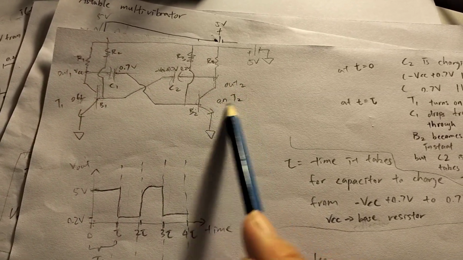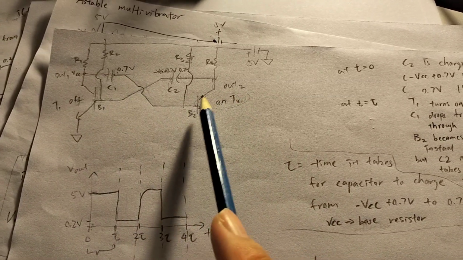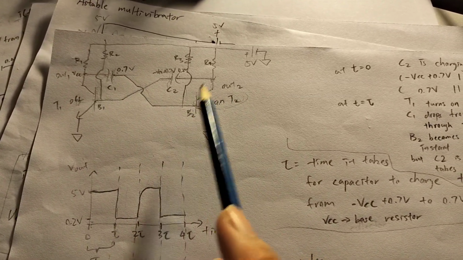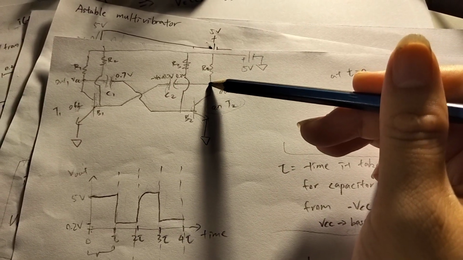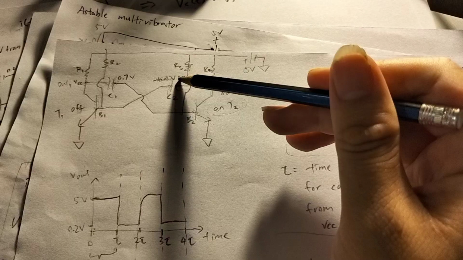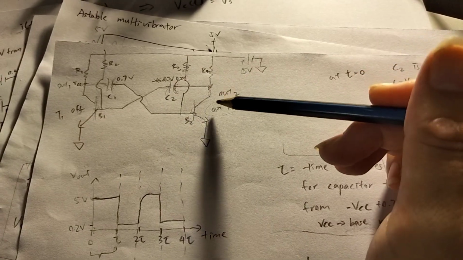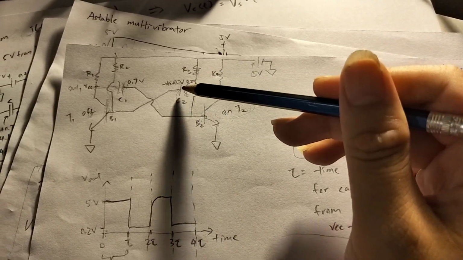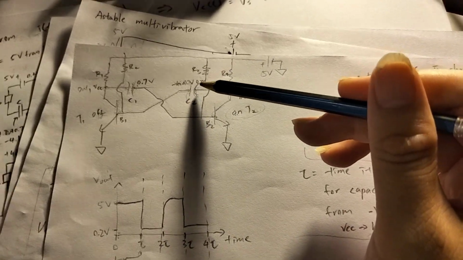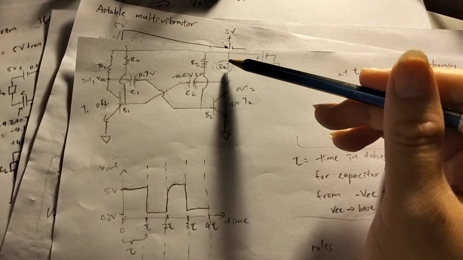And then this plate instantly shuts off transistor T2. When it turns off, this voltage is supposed to drop to 0.2, but it does not drop immediately because the transistor is turned off, and this plate needs to charge up through the resistor RC here, and this resistor is large.